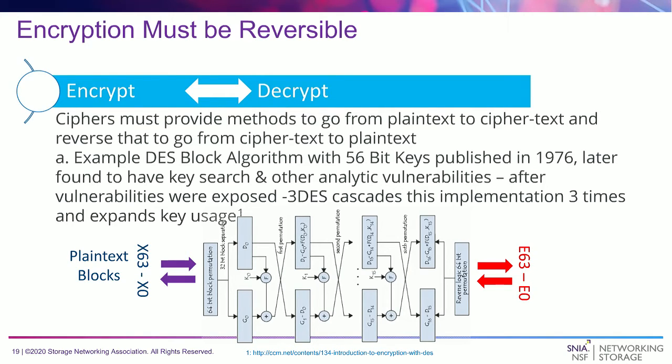As I said, this was a common algorithm, the Data Encryption Standard, and it was used for a long time, 1976, you see here, and they found that the DES algorithm was insecure.